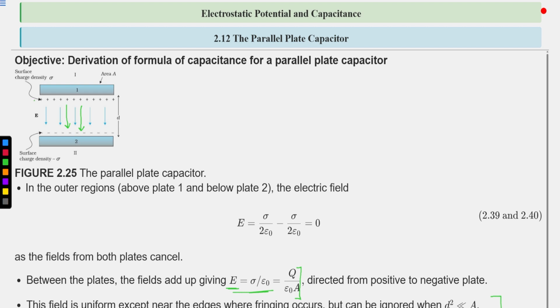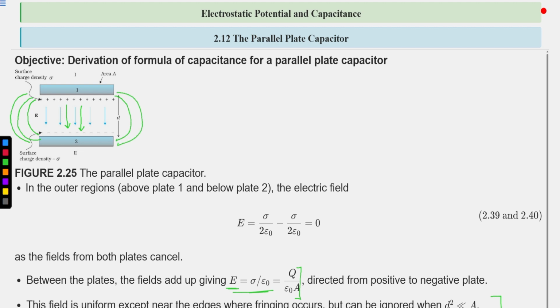They will be in this shape, like they appear in the dipole, positive and negative charge. At these ends also they will appear as this shape.